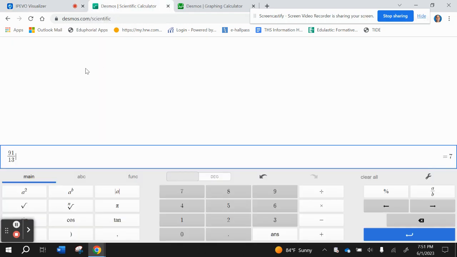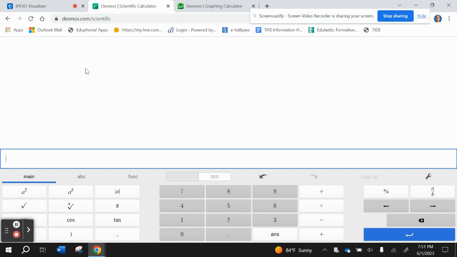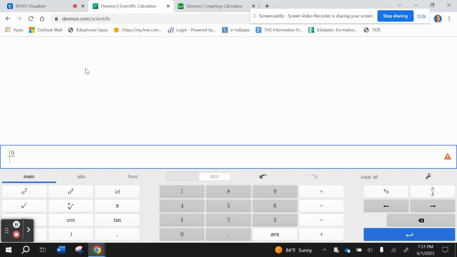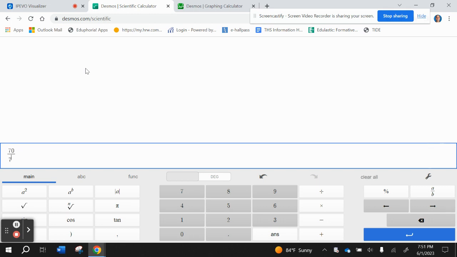the original problem. So that's 70 divided by 7 squared minus 6 times 7 minus 21, minus 6 divided by 7 plus 3.